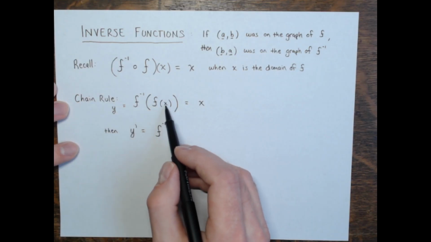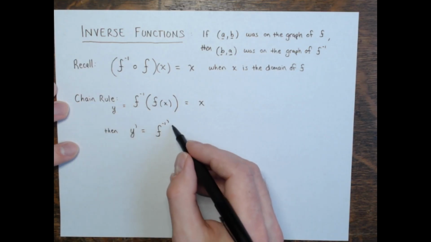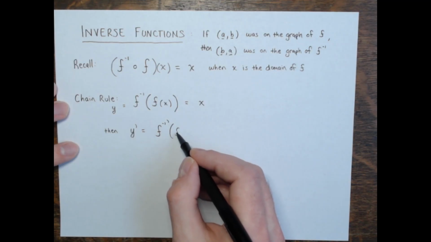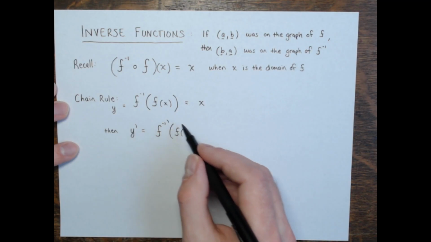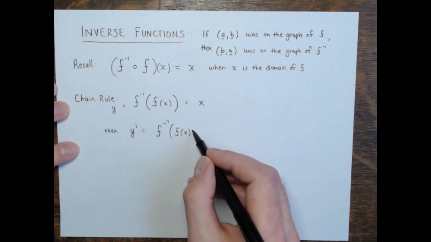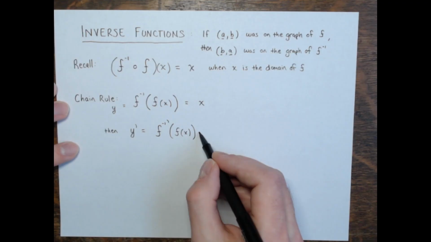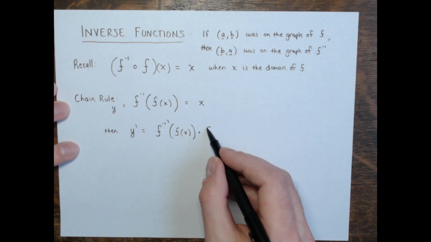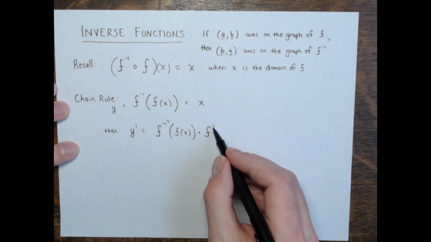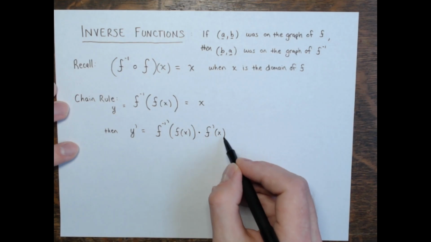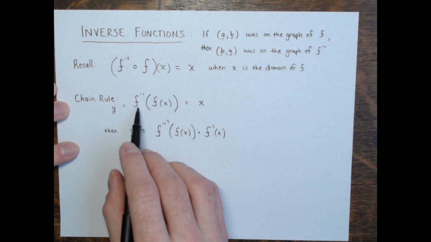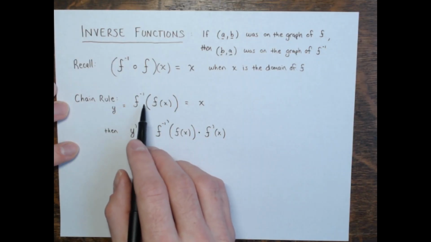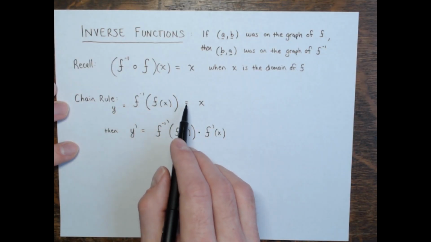This F is inside F inverse up here, so F will also be inside F inverse prime down here. And then times the derivative of the expression inside, F prime of X. So that's applying the chain rule to this composition of F inverse and F.